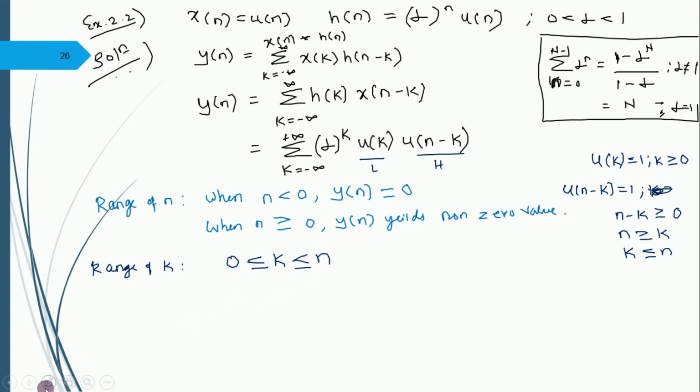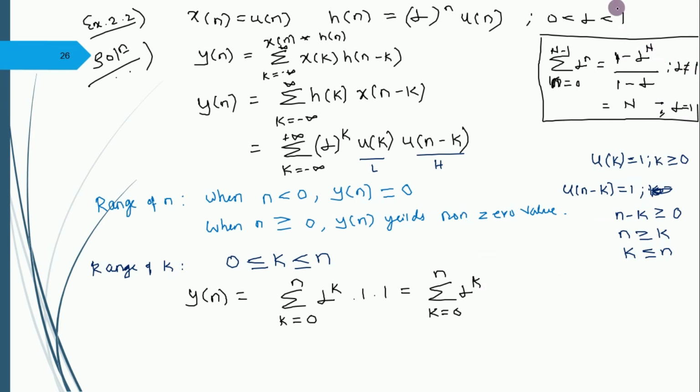Now we have to proceed further. I had left y of n equal to the summation. What's the range now? k is equal to 0 to n, of alpha raised to k, since u of k and u of n minus k have both become 1. That's why it is just the summation k equals 0 to n of alpha raised to k. For this there is a standard formula. Whatever the upper limit is, add 1 to it and your answer is done.